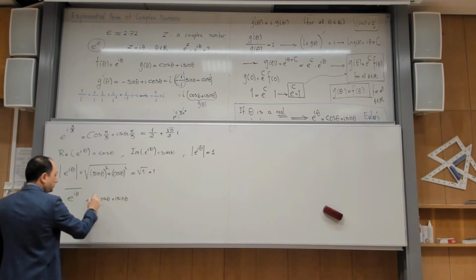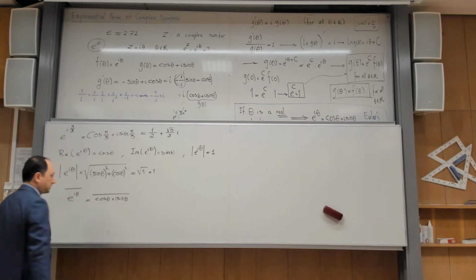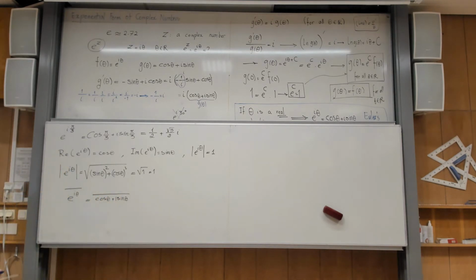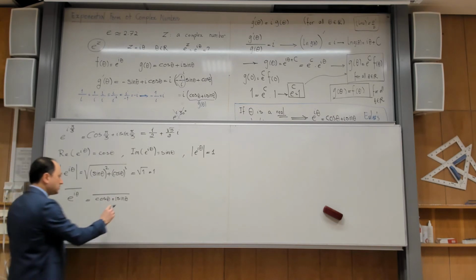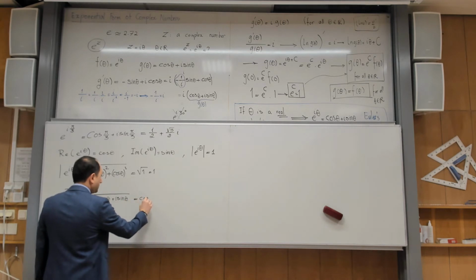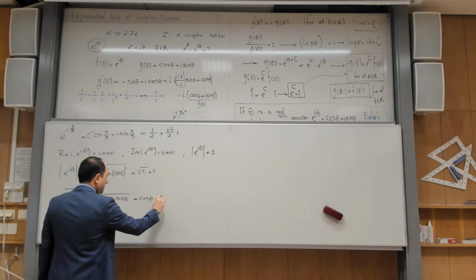And then you put this bar on it. But you learned what to do with this bar. If I want to take the conjugate of a complex number, I keep the real part exactly the same. I change the sign of the imaginary part. So this becomes cosine theta minus i sine theta.